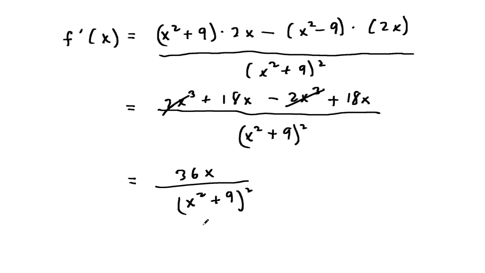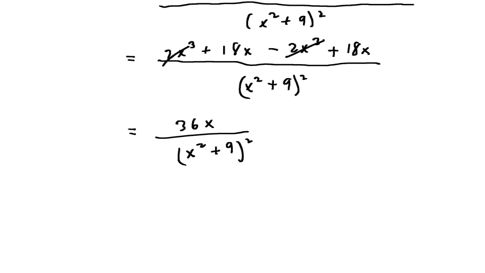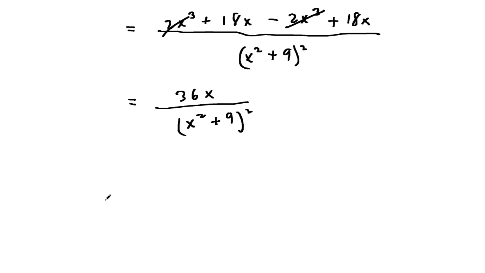Now let's see where this is undefined. The only time that this is undefined is when the bottom is 0. But since we're taking x squared and adding 9, this part will always be positive, and squaring it will always make it positive. So there's no place where this is undefined. Now the only other place to check is when f prime is 0.